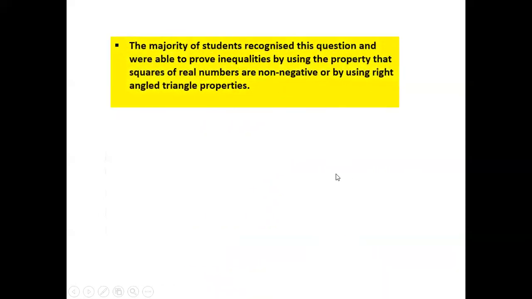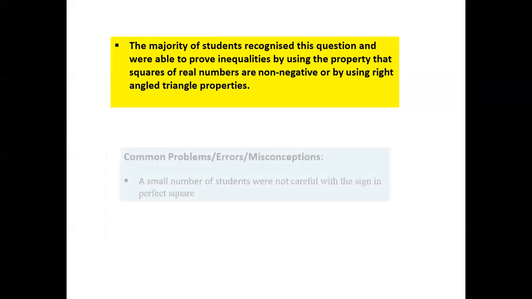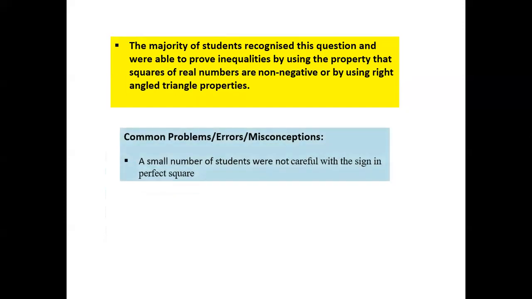So for this particular part of the question, the majority of the students recognize it, and they're able to prove inequalities by just using the property that squares of real numbers are non-negative, or by using the right angle triangle properties. A small problem here is a number of students were not careful with the signs in perfect squares.